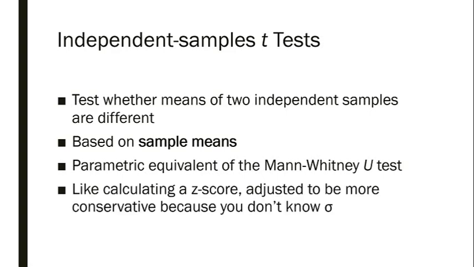And we'll talk about this more in lecture, but it's just like calculating a z-score, except we're using the t-distribution to adjust because we need to be more conservative because we're estimating the population standard deviation rather than using some known population standard deviation, because we don't know what the population standard deviation is.